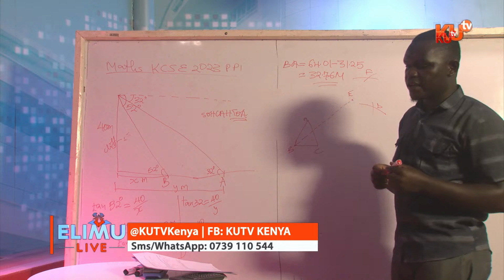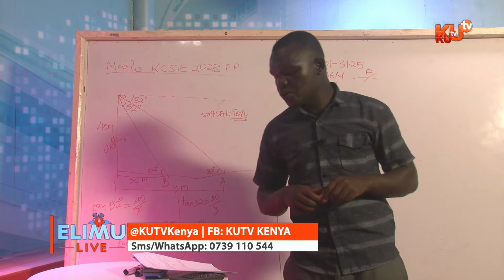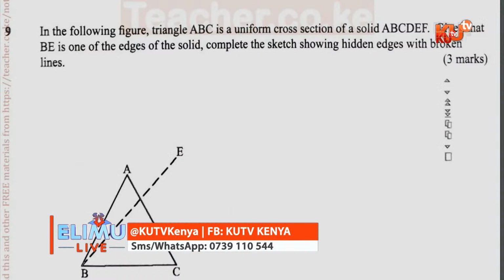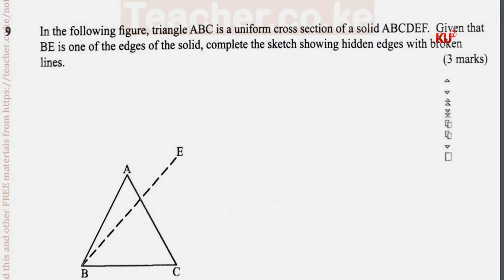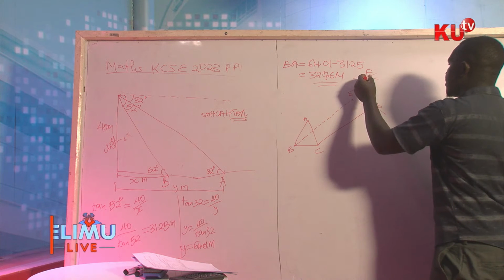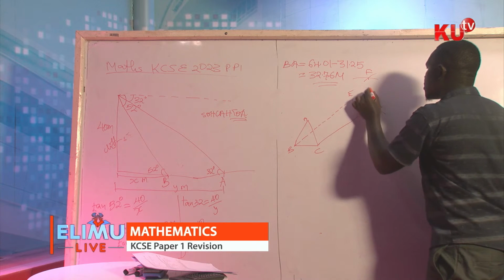But when you are joining your points, you need to be very keen, because the question says complete the sketch showing the hidden lines with broken lines. So first of all, this distance CD will be a visible line, so it should be drawn using a complete line, like that. Then also you have this one here, FD. FD will also be a complete one.